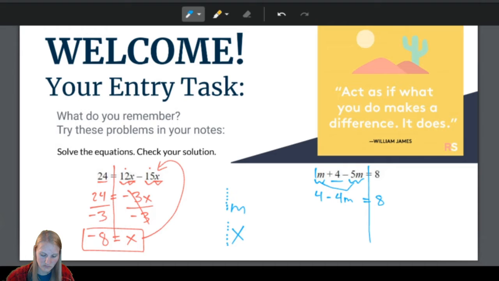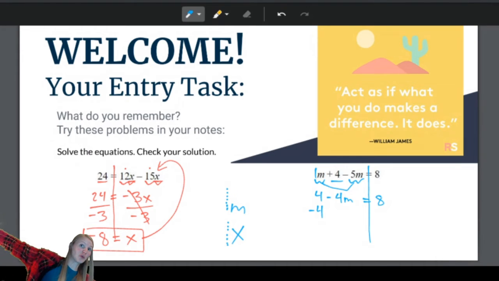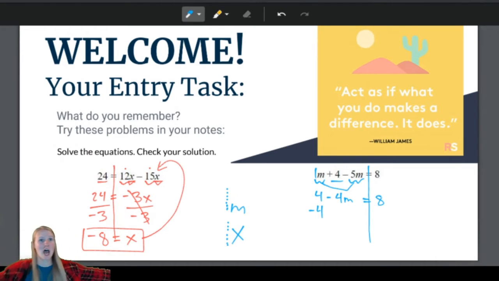So, in order to get m by itself, I need to get rid of this 4. The opposite of positive 4 is negative 4. And if I do it to one side of my equation, I better do it to the other side as well. So I'll subtract 4 from both sides. And now I have negative 4m equals 8 minus 4, which is 4.